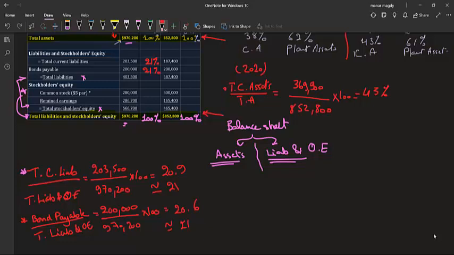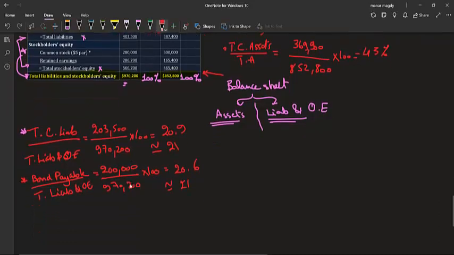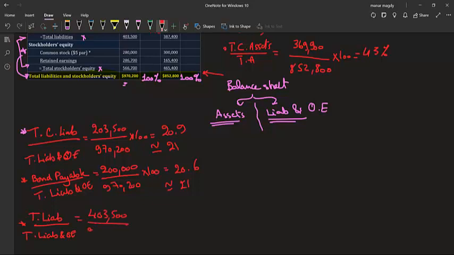So if you're going to calculate the total liabilities in the same manner, the total liabilities divided by the total liabilities and owner's equity, you're going to get 403,500 divided by the 970,200 multiplied by 100, you're going to get 42%.